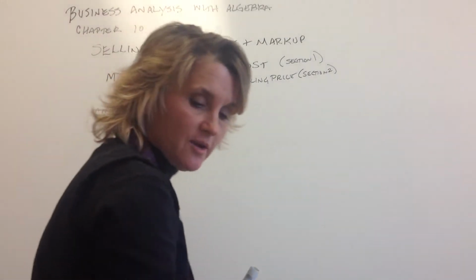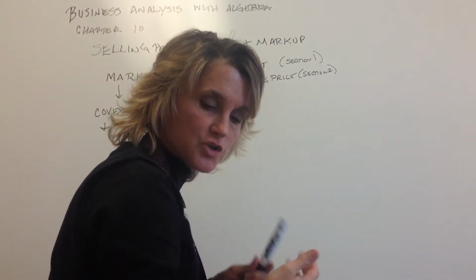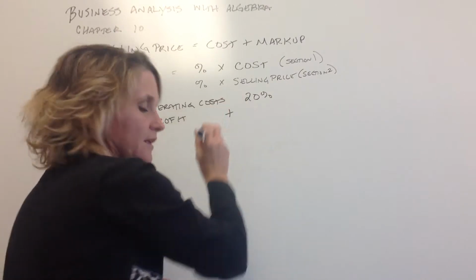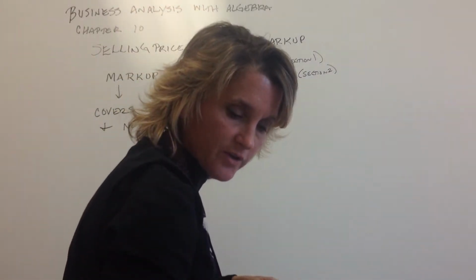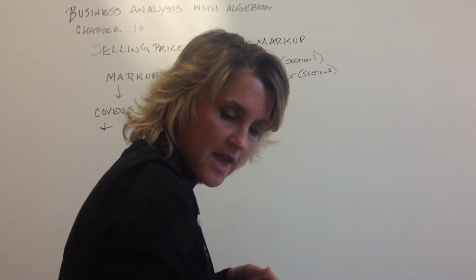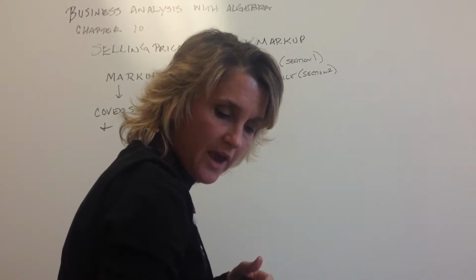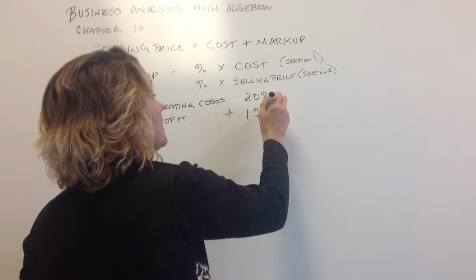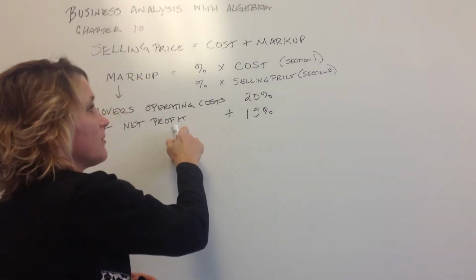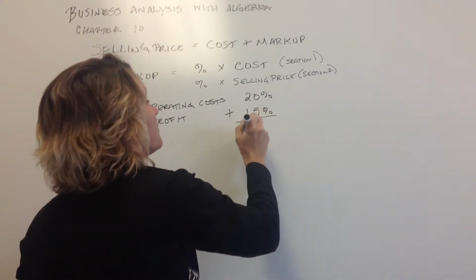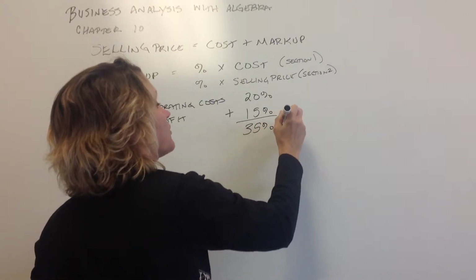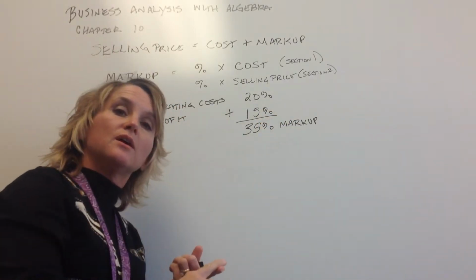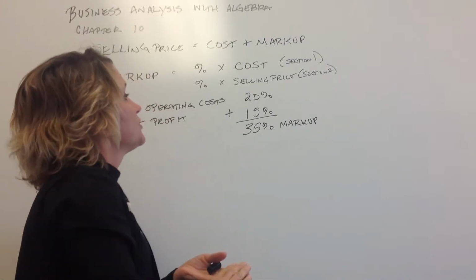So in this example, they have 20% of their costs for operating expenses that they need to cover, and then they also have a 15%. What they're hoping to have is 15% of cost coming back to them in net profit. So we've got a 35% markup. So then you have to be able to read those and understand that we add those two together.